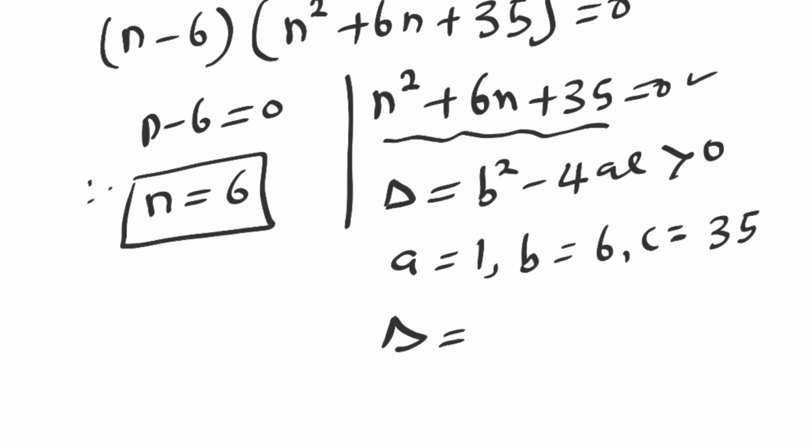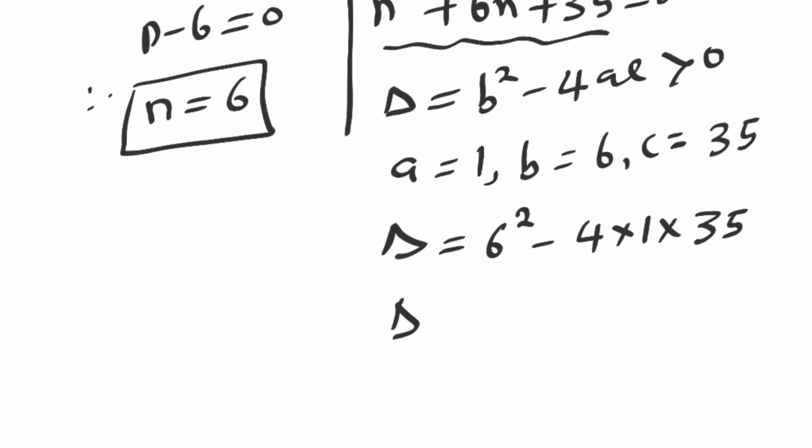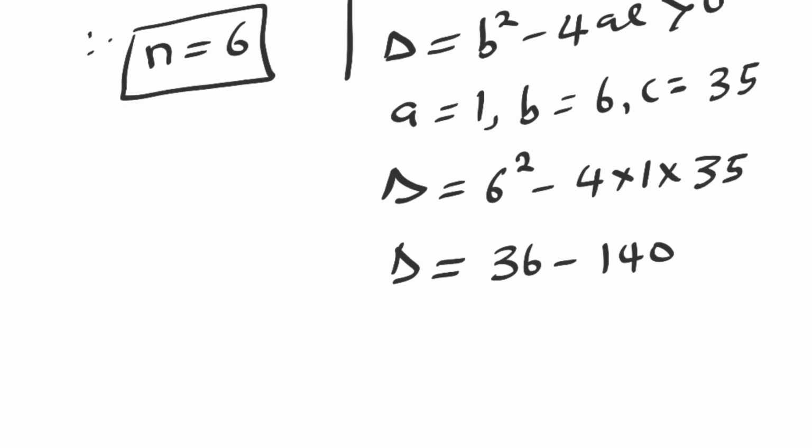Discriminant D is equal to b squared, 36, minus 4 multiplied by 1 multiplied by 35. That is 140. D is equal to 36 minus 140. That is minus 104. But this is less than 0, and this is rejected.